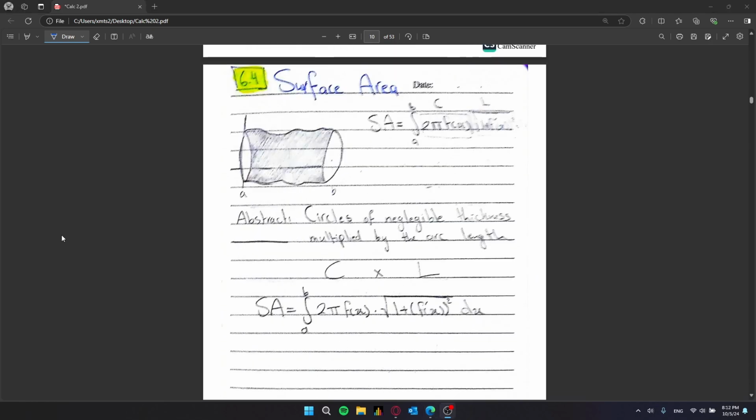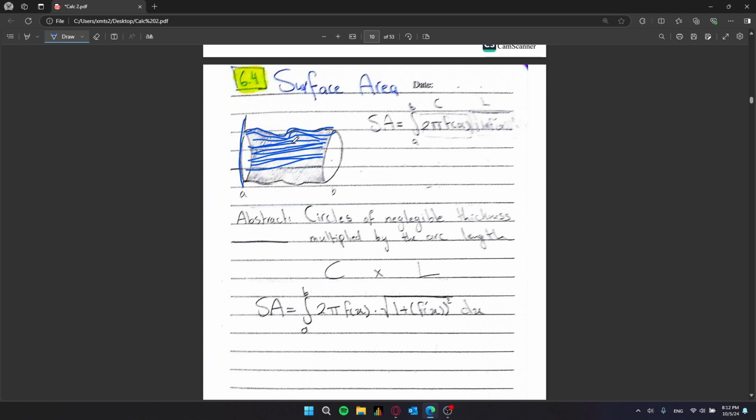So the next lesson is surface area. Surface area is very similar to the arc length lesson, but instead of finding a line, let's say, expressed as a function, or this line, you are finding a summation of all of these lines expressed in a geometric 3D shape.